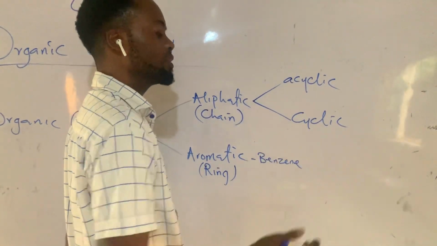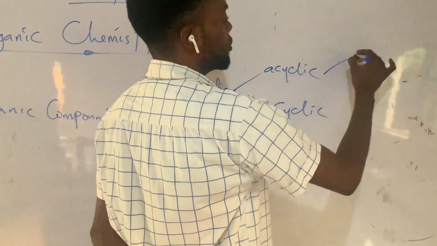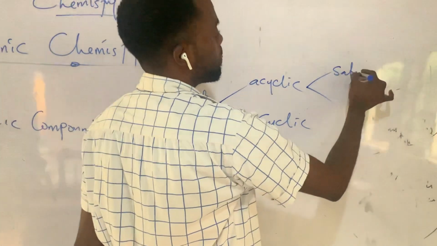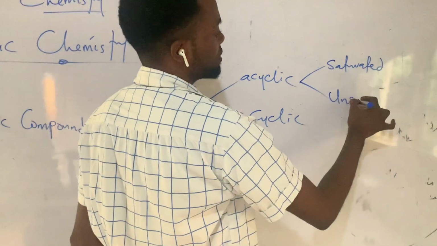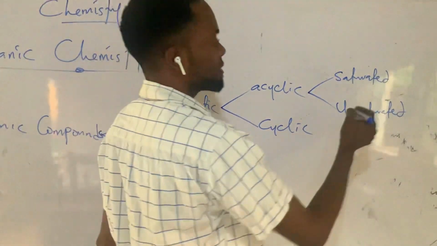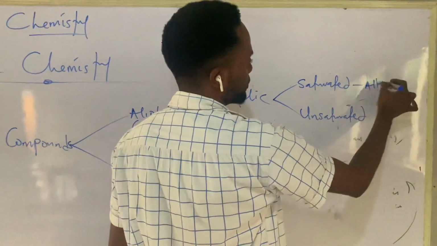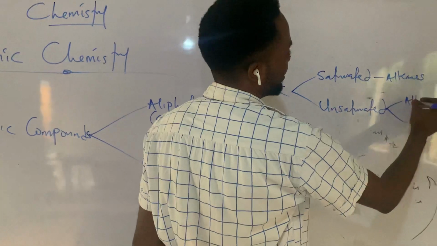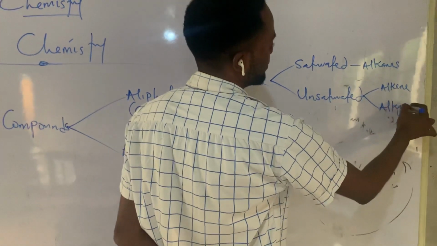Now, under this, for this acyclic, we have two major compounds, which are the saturated and the unsaturated. Under the saturated is where you have the alkanes, and here you have the alkenes and alkynes.